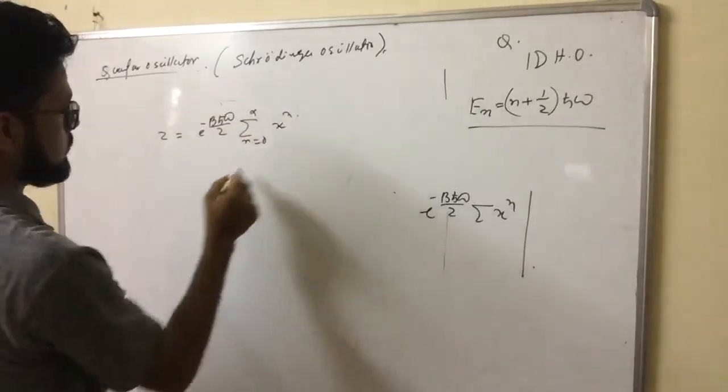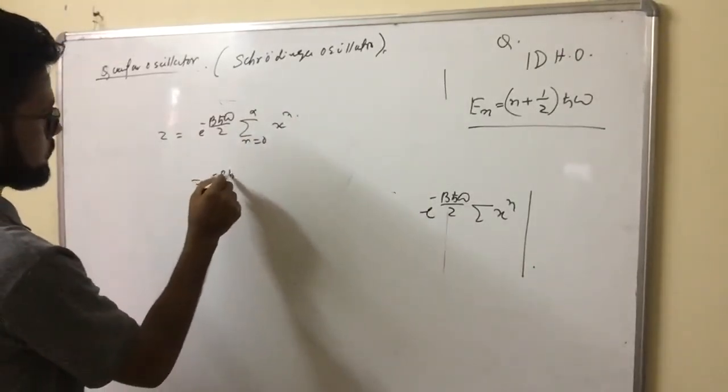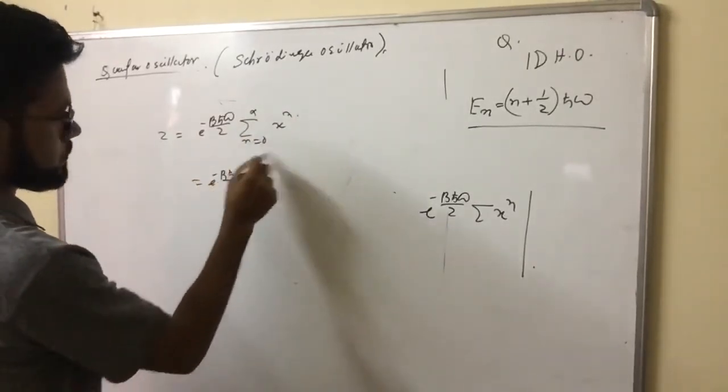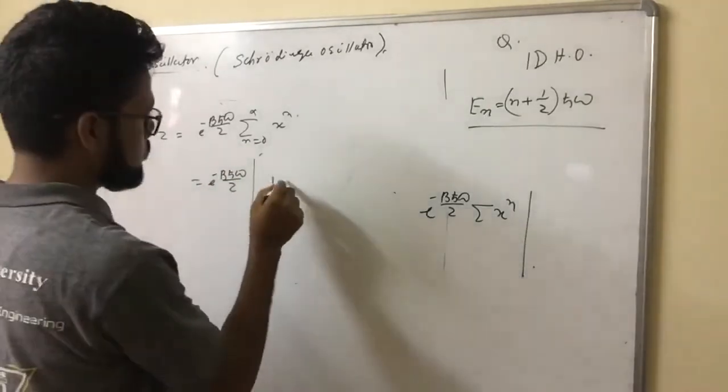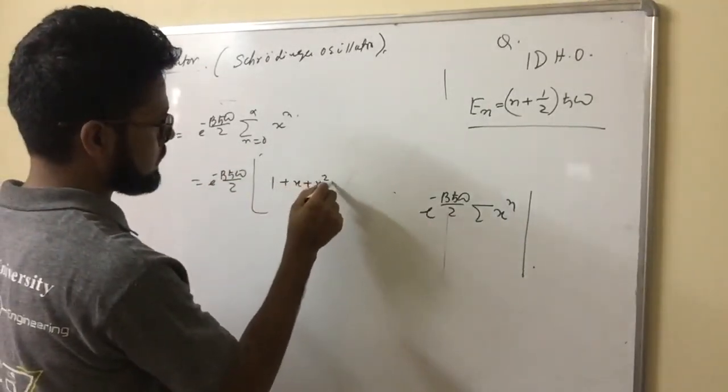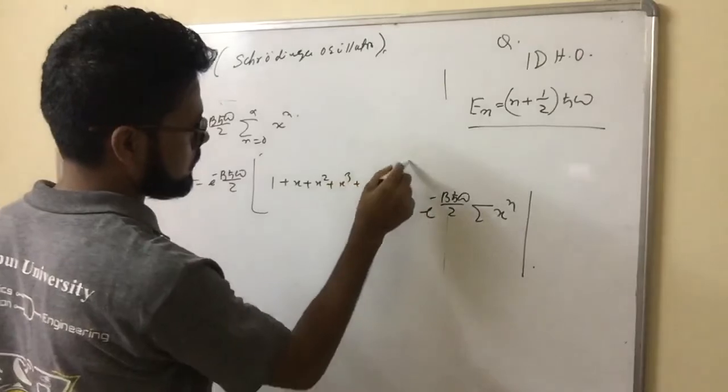This series is 1 plus x plus x square plus x cube and so on. Is it okay?